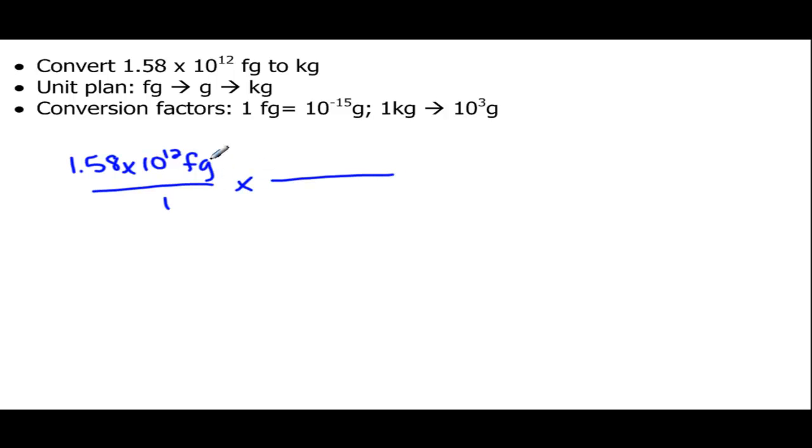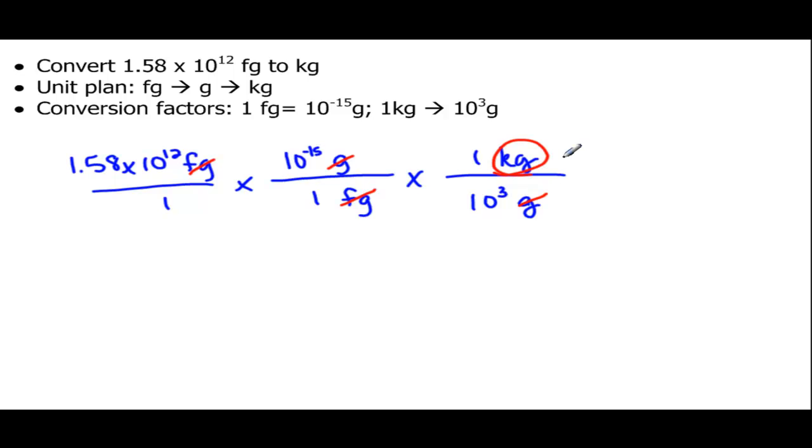Femtograms needs to go on the bottom, and then we're going from femtograms to grams. So 1 femto is 10 to the minus 15 grams. Now we need to cancel grams, so we put that on the bottom. We're going to kilograms. So using our conversion factor here, 1 kilogram is 10 to the 3rd grams. Check to see that things cancel, and they do.